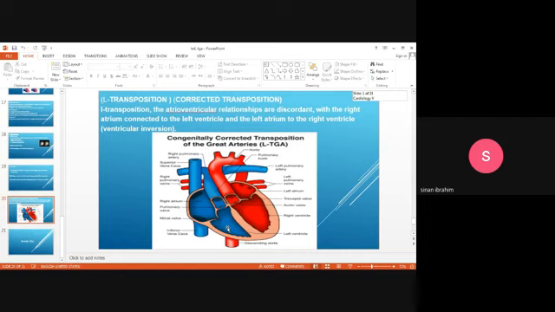As we said, it may be discovered accidentally in early childhood if there is an associated anomaly like VSD, or later on it may present with heart failure, because the right ventricle cannot compensate for the high systemic pressure for a long time and will end in heart failure.